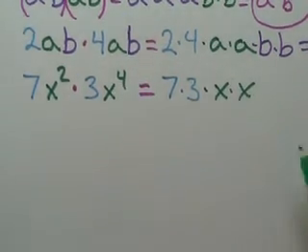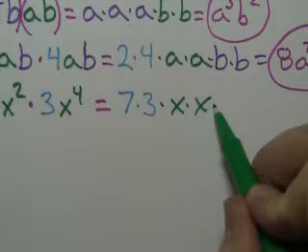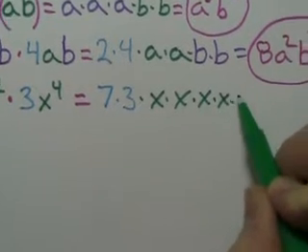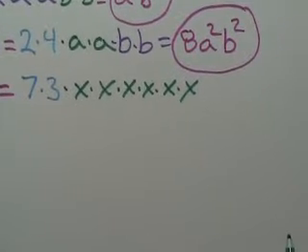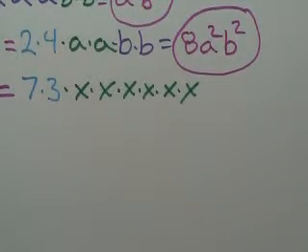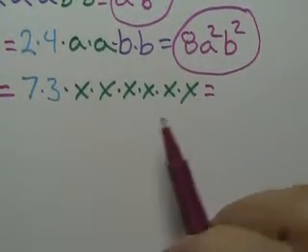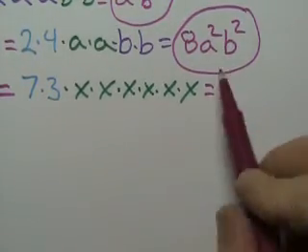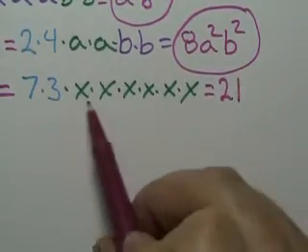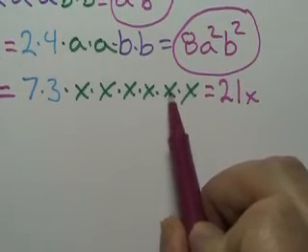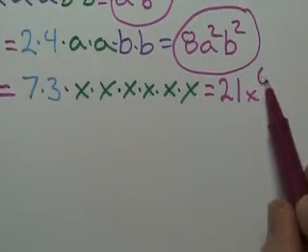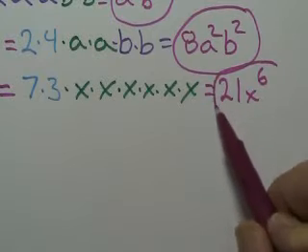And then I have 4 of them. 2, 3, 4. Now I'll count everything up. 7 times 3, well, that's 21. And the x's, 1, 2, 3, 4, 5, 6. So that's x to the 6th.